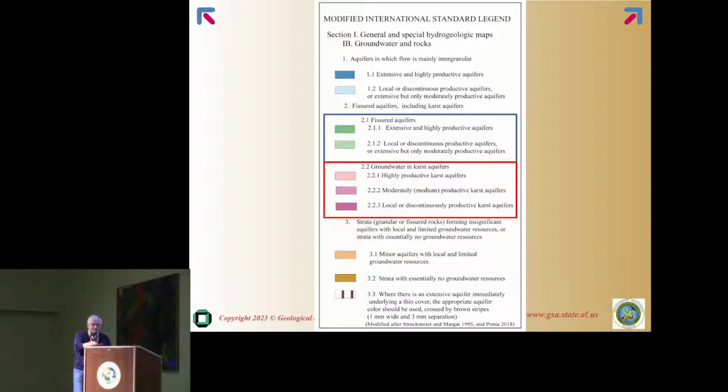I generated this legend when I was in Romania at the Geological Institute, and we started doing this karst hydrogeologic map. In Romania, like in Spain, the majority of limestone is Triassic and Jurassic age, and this color was most appropriate for that purpose.